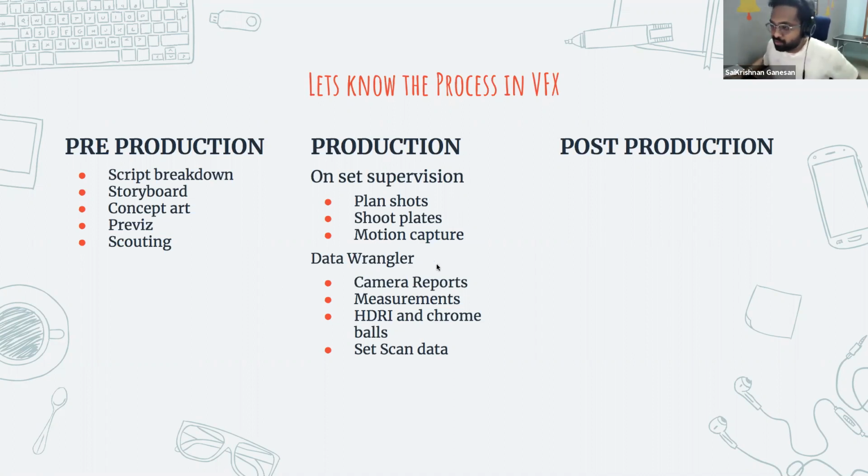The data wrangler is mostly about collecting the camera reports, how to collect the reports, and what information should be in the camera reports. I'll be telling you guys. And measurements, which are very important. For example, if the camera is traveling across a distance, it's very important to know the start point and how much it traveled, so that we can give that information to the tracking team. It's easier for them to judge the depth, and whether in Maya the camera travels the exact distance.